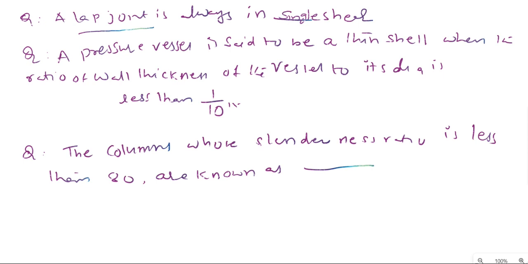If the slenderness ratio of the columns is less than 80, then those columns are called short columns. If a column has a slenderness ratio less than 80, that is 70, 60, then it is called a short column.